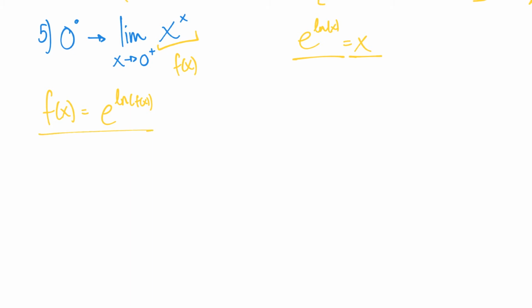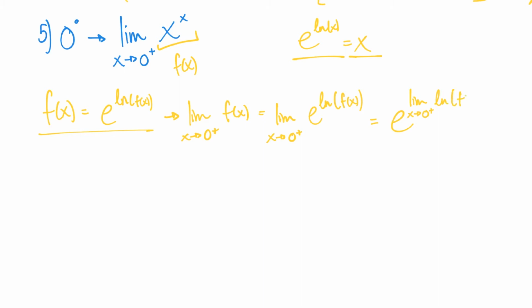Now, if I have the limit when x approaches 0 of f of x, then that needs to be equal to the limit as x approaches 0 of e to the power of ln f of x. Now, e is just a number, and the exponential function is continuous for any real number. Therefore, I'm going to do a little trick, and the limit can go directly on the exponent.